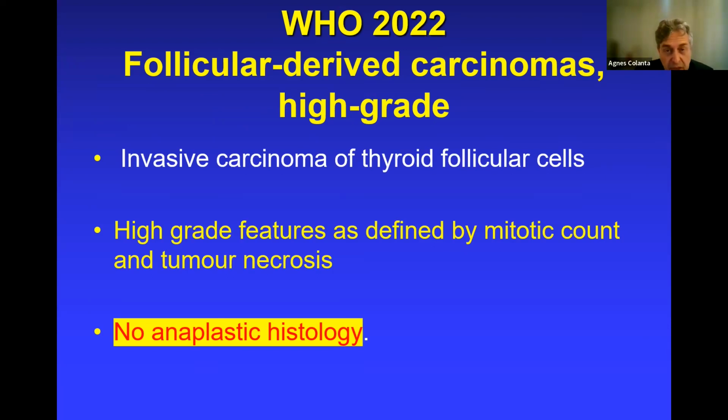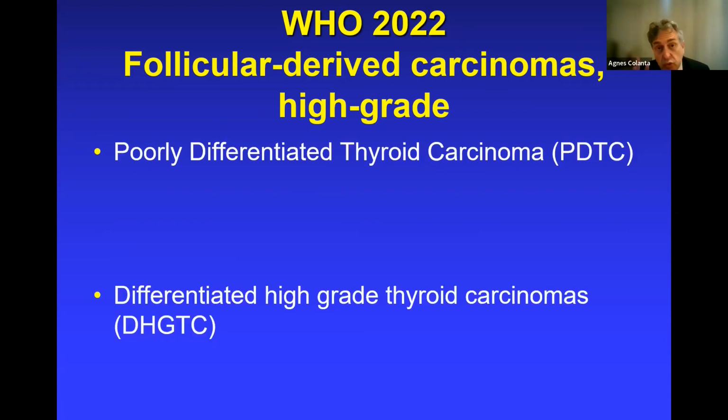So this new entity here has two subtypes: poorly differentiated thyroid carcinoma defined on the basis of the Turin proposal, and differentiated high-grade thyroid carcinoma that are defined, as we show you, using the Memorial definition.